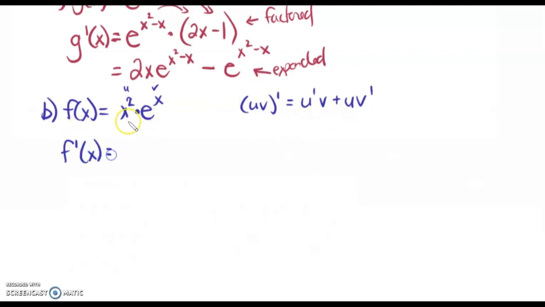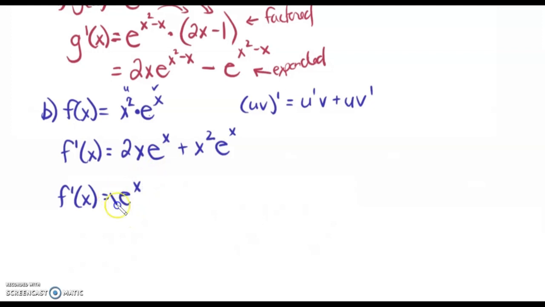f'(x): the derivative of x^2 is 2x. We're going to now just write e^x. That's it. Plus u as it is, which is x^2. Now the derivative of e^x is just e^x. So we can either write it like that, or we can factor out x e^x.